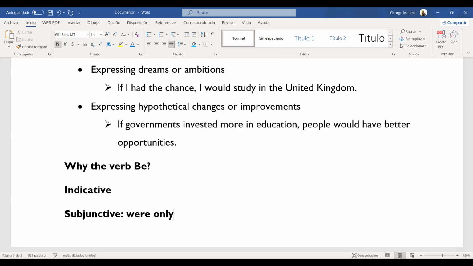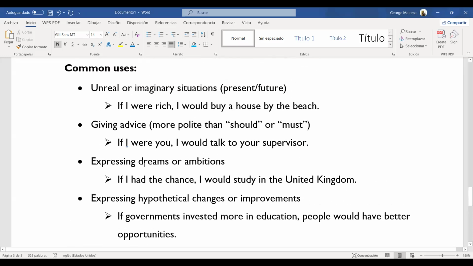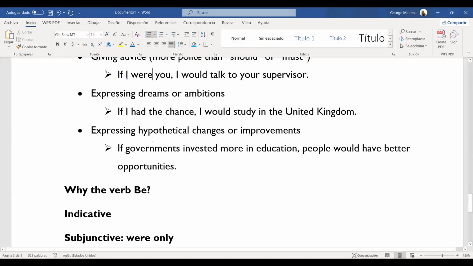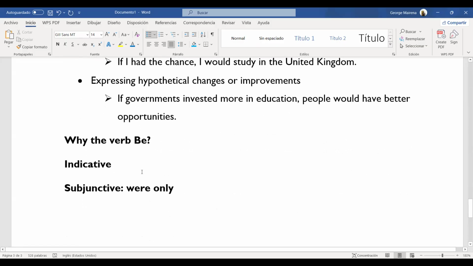I'm not saying that if you say, for example, if I was rich, I would buy a house by the beach, is bad, but it's informal. Because when we talk about conditionals, especially the second one, and we are using the verb be, we use the subjunctive mode. And then were is the only word we have to use, no matter which subject pronoun we are using.